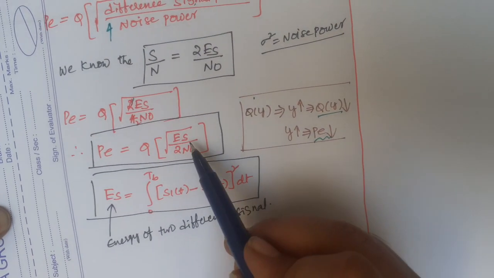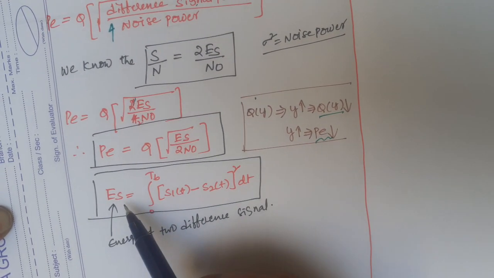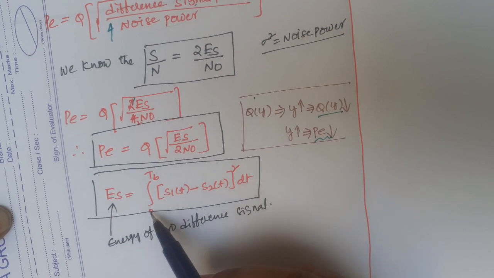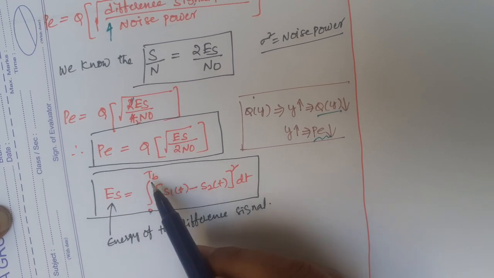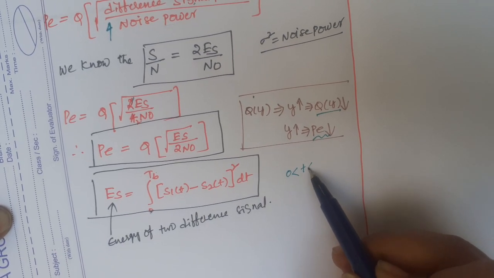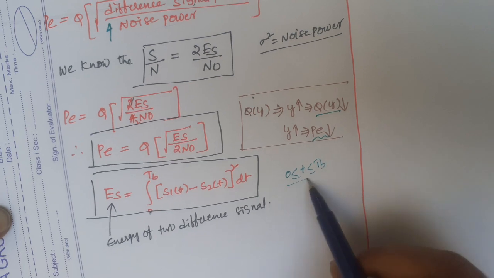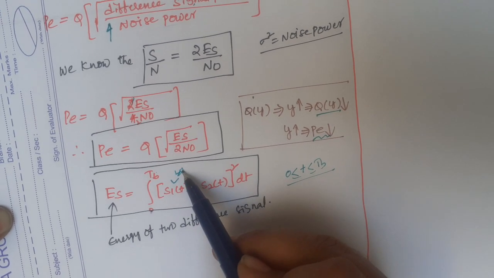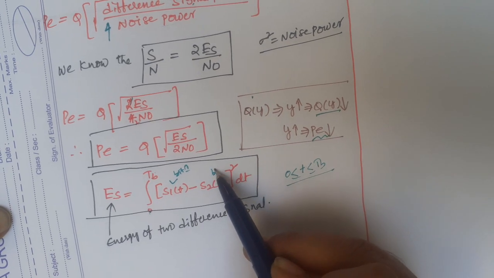Here in this equation, the Es, we know that Es is the energy of the signal for every TB duration, that is 0 less than t less than or equal to TB. For this TB duration, that is for bit 1 and bit 0.